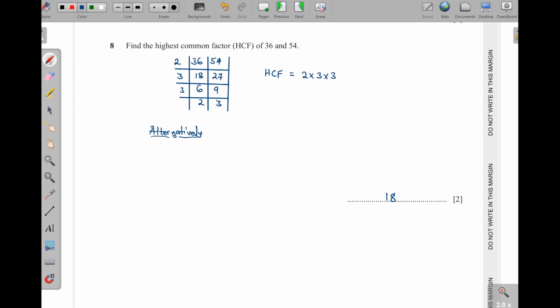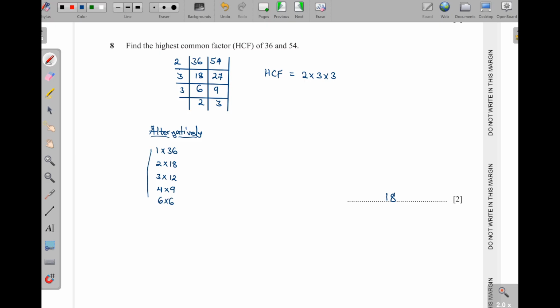Like the factors of 36 and then those of 54. So 1 times 36 will give us that 36. Then 2 times 18 will give us that 36. Then what else? 3 times what? 3 times 12. Then 4 times 9. But 36 is a square number. So 6 times 6.